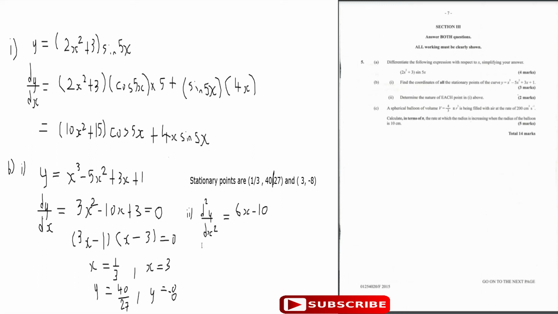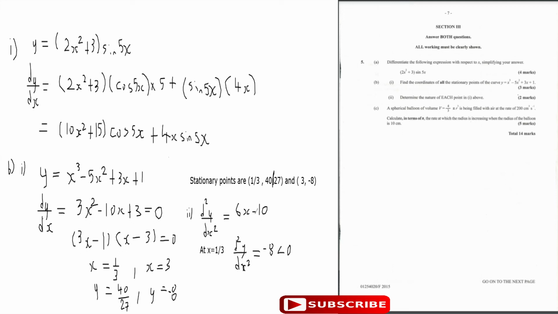All right, so we can say at the point when x is 1 over 3, when x is 1 over 3, we're going to see that d2y by dx squared is going to be equal to, all we need to do is plug in 1 over 3 in this equation, and we're going to get 6 times 1 over 3 minus 10, and that's going to be equal to 2 minus 10, which is negative 8, which is less than 0.